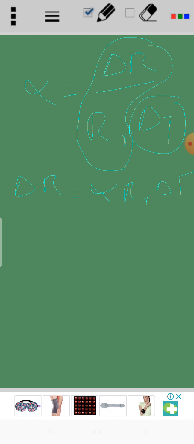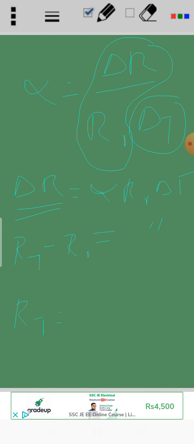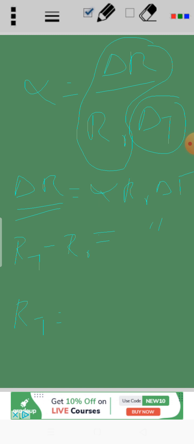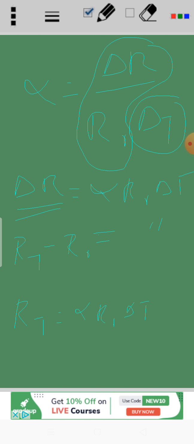From this equation, delta R is nothing but the final value minus the initial value. Then R T is equal to alpha R naught delta T, and this minus R naught goes to the other side as plus R naught.